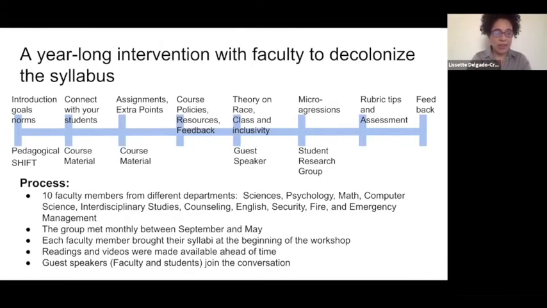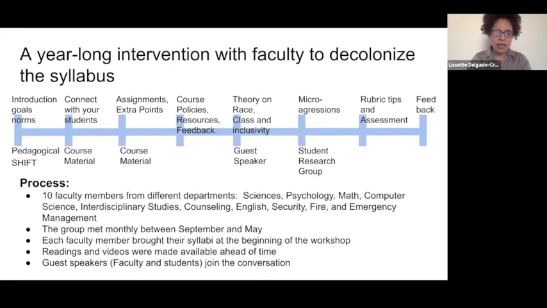We met monthly, and you can see in the timeline indicated here that at every session, we tackled different aspects of the syllabus or curriculum. What is it that we would like to change? What is it that we could change, and how? It was important for us to also find ways to make these changes as we were working through this workshop.